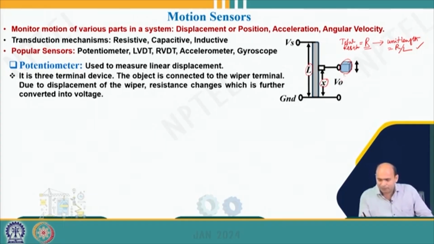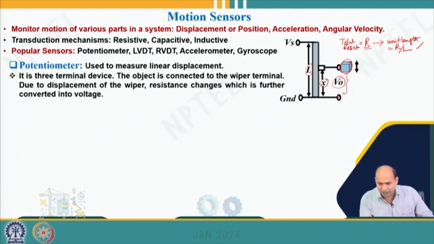Now, depending on the applied movement, the slider position will change, and if I measure the voltage across these 2 points, then obviously the effective resistance will change, and as a result the output voltage will also change, because this is simply acting as a voltage divider configuration.